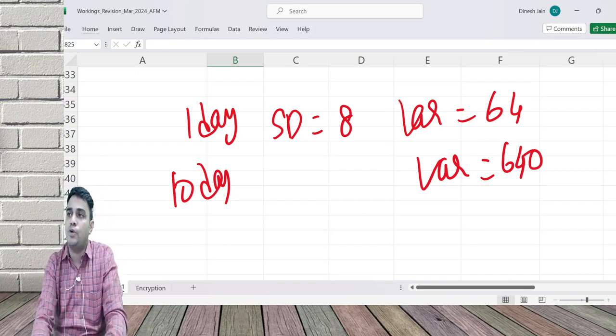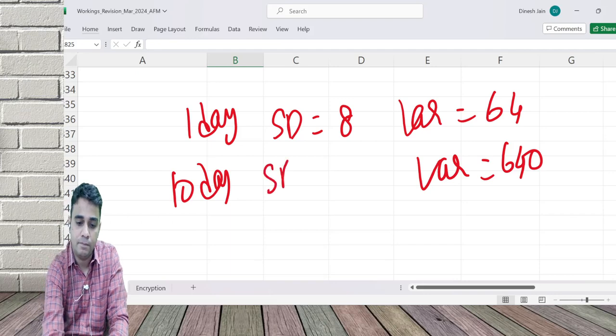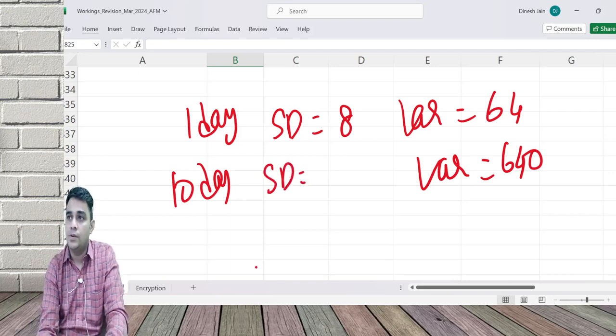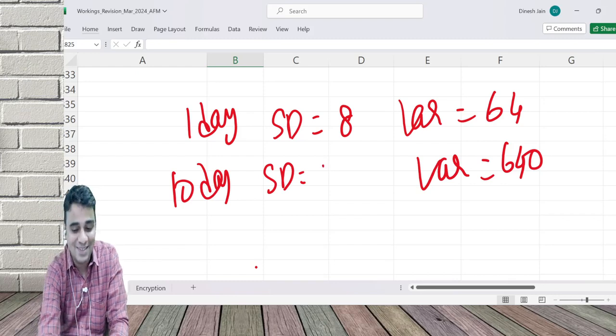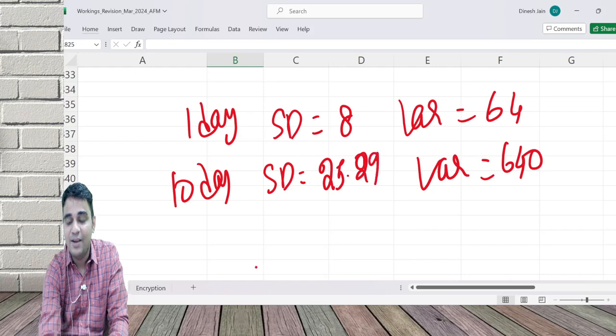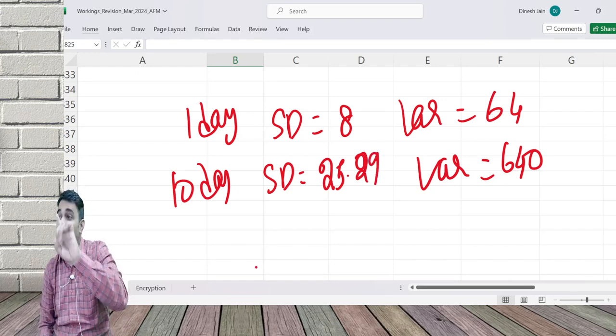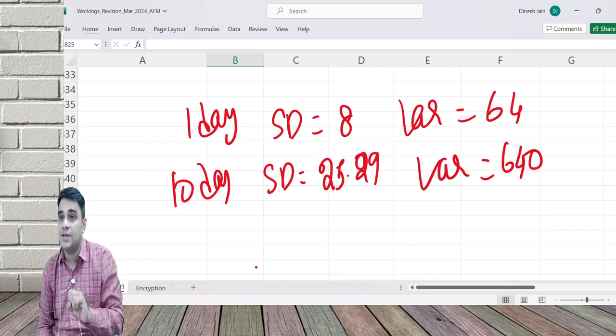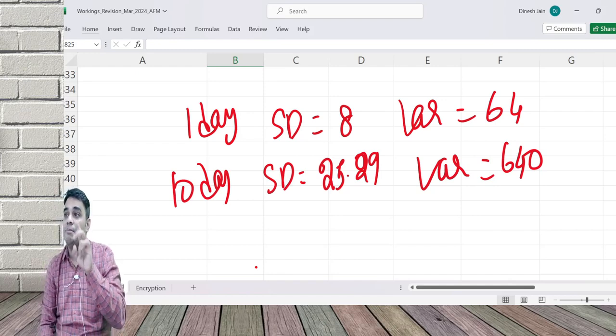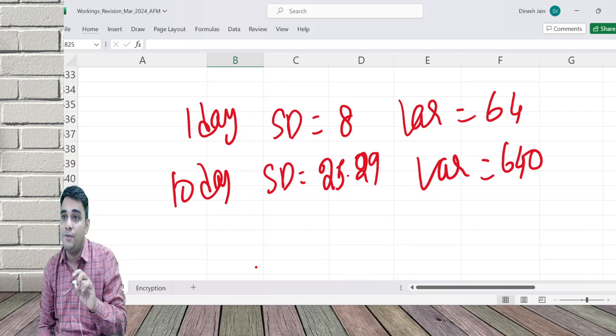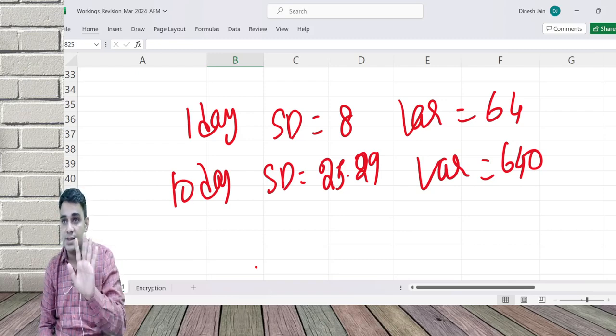Can you tell me square root of 640? It is 25.29. So standard deviation for 1 day became 25.29 for 10 days, and there's no error here. This is the right thing.